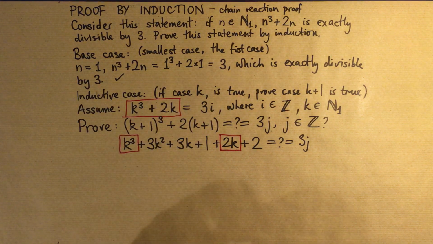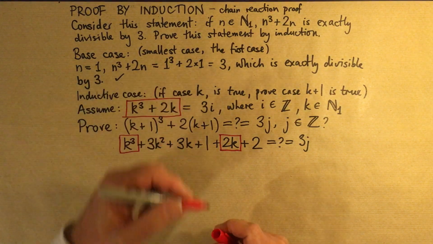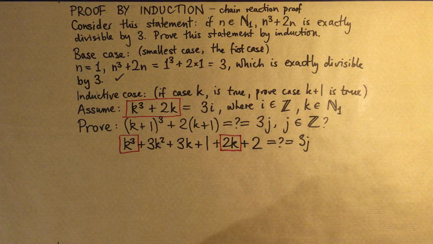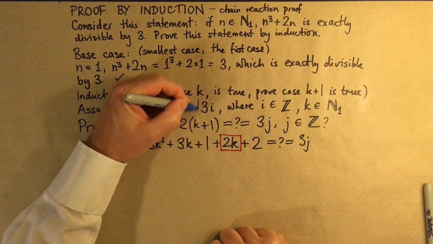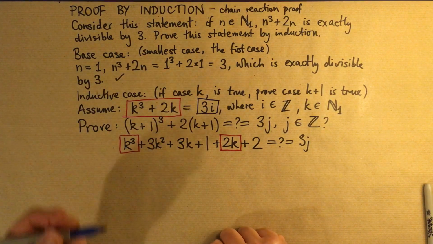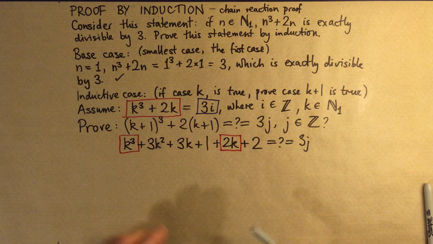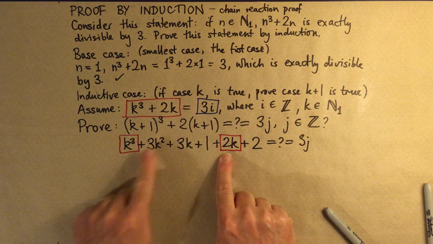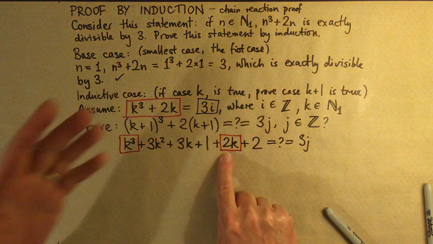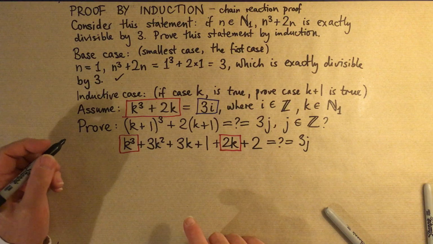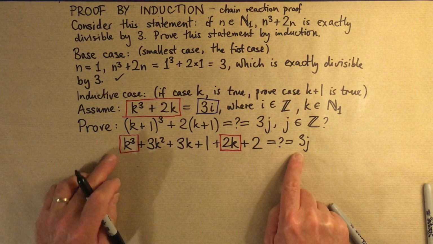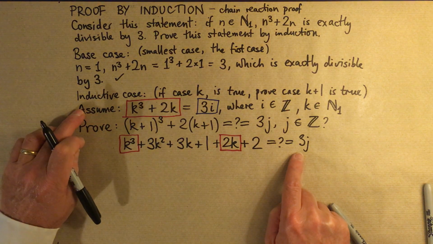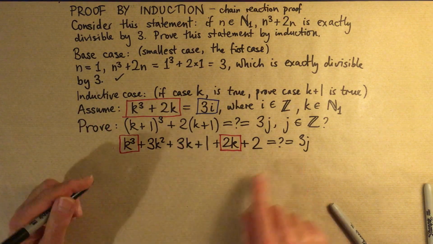That's cool, because I can replace those with this term, 3i. So I'm going to take that and replace it with that. This is typically what you do in a proof by induction. You write out your formula and then you realise that you can use the assumption to simplify what you've got.